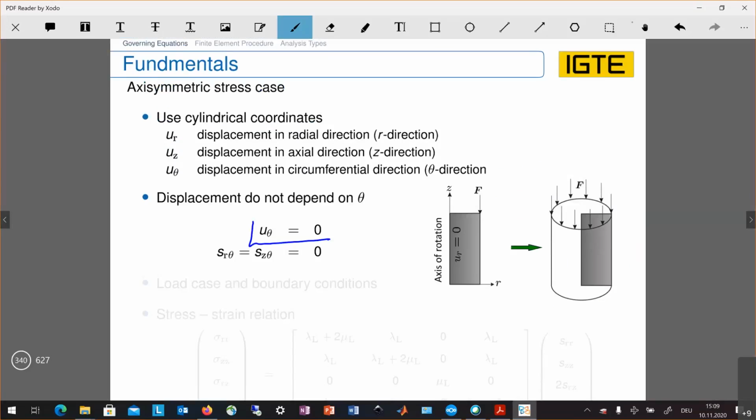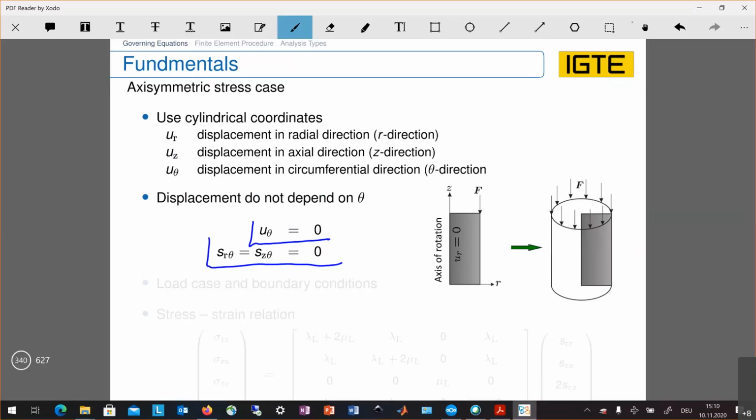If you would have it, it would be, for example, a drilling, and that clearly cannot be modeled as an axisymmetric case. So we have no displacement in the circumferential direction, and we have no shear strains where the circumferential direction given by the angle theta depends on.